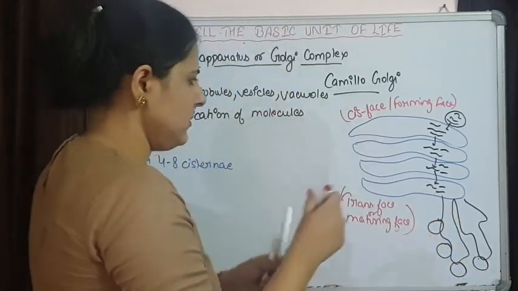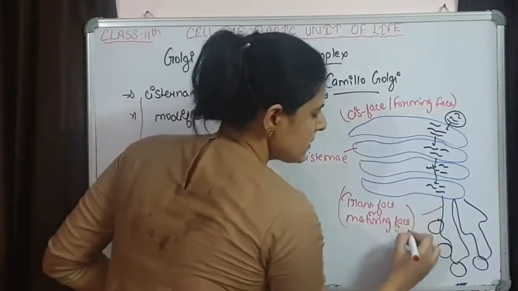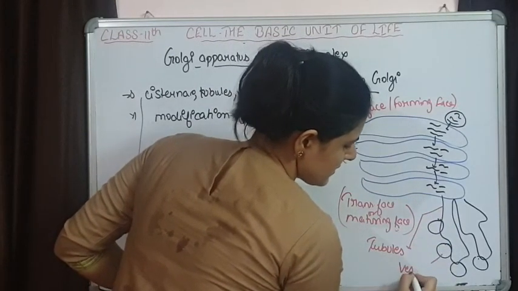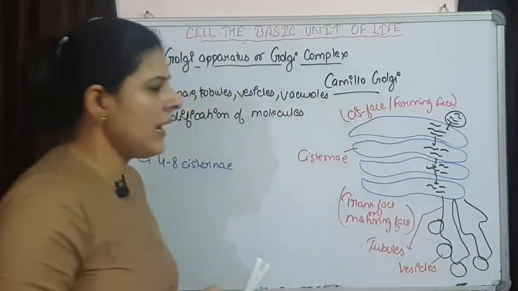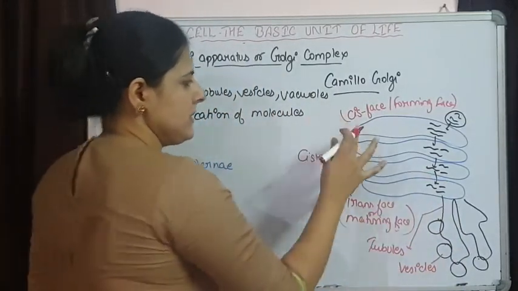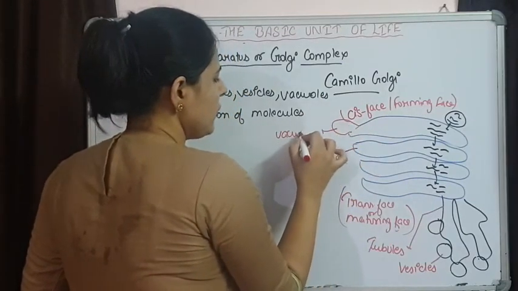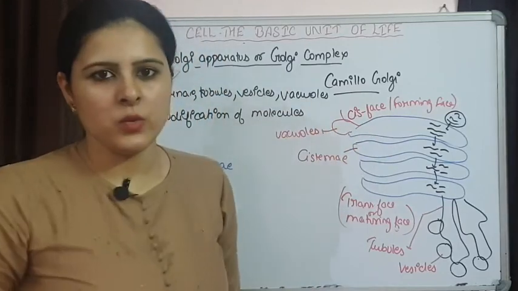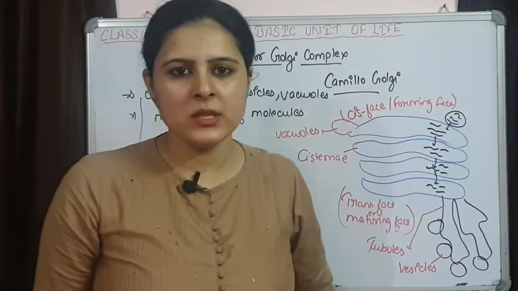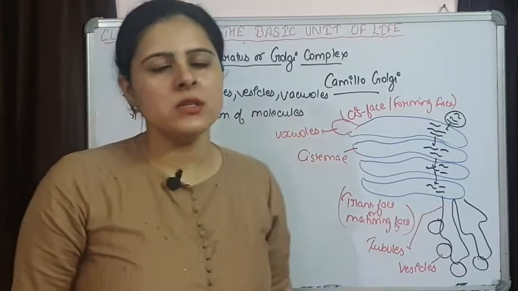This is cisternae, tubules and vesicles, and vacuoles are going to come out from these cisternae. There will be modification, and from here vacuoles are going to come out. So this is how a cis face and trans face is present, which is going to function differently, and this is how the Golgi body functions.